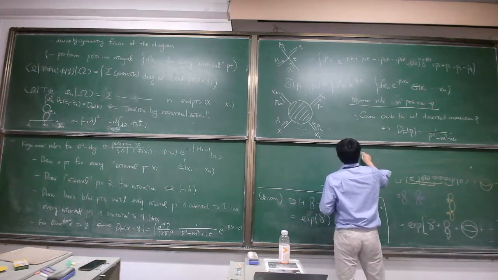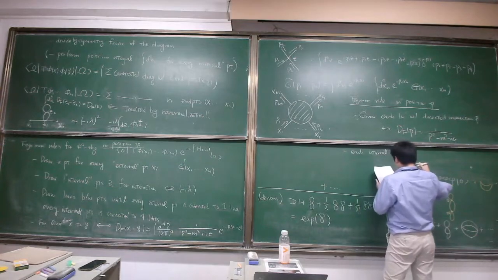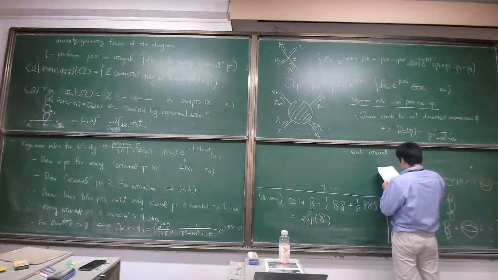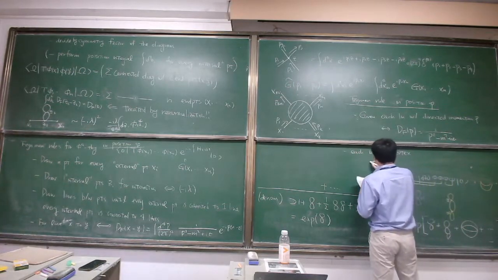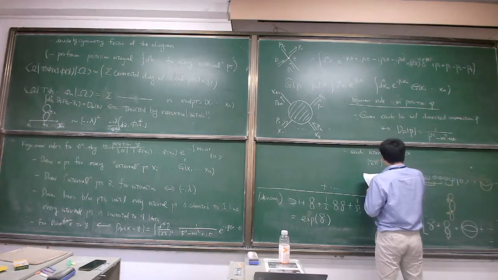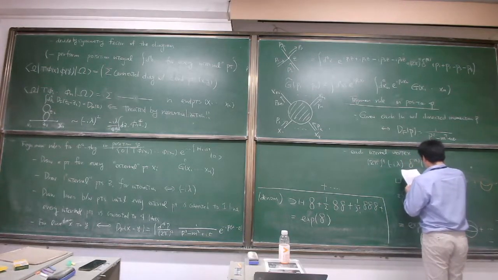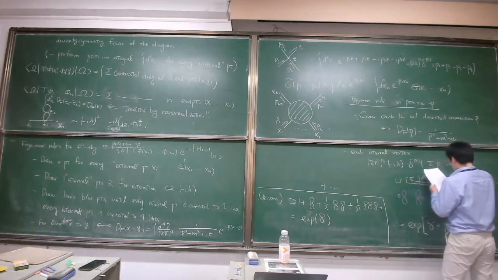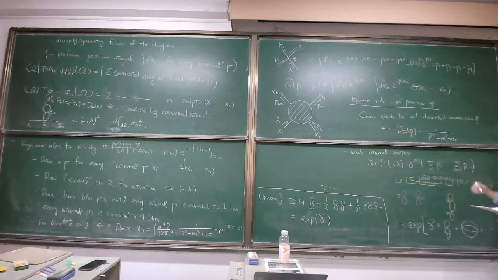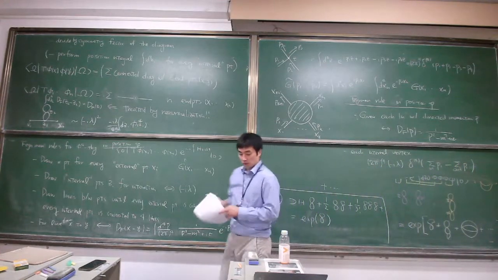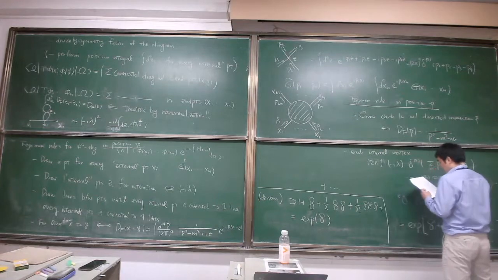And at each internal vertex, we assign (2π)^4 times minus iλ times the delta function of the sum of incoming momenta minus outgoing momenta, because of the momentum conservation rule.